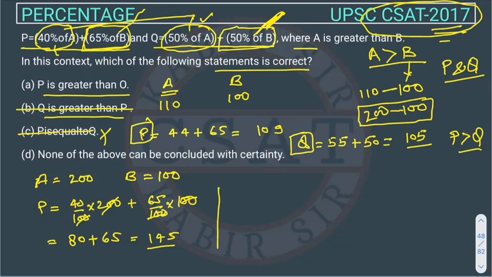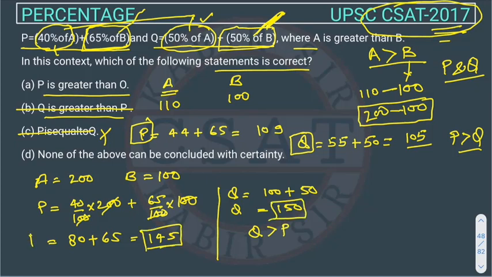And what will be the value of Q? 50% of A will be 100, and 50% of B, with B as 100, will be 50. So Q is 150. So here we are getting Q greater than P, because P is 145 and Q is 150. So this option we can also cancel.